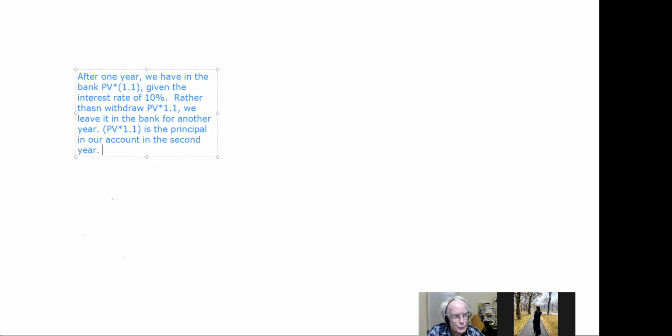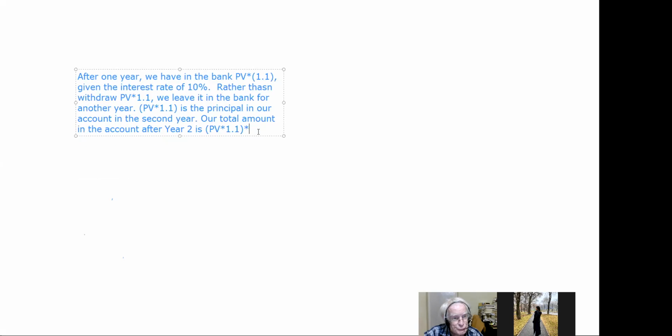So at the end of the second year, our total amount in the account after year 2 is the principal times the interest payment in the second year, which again involves an interest rate of 10%.